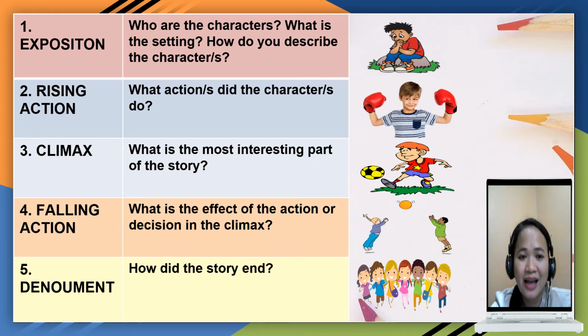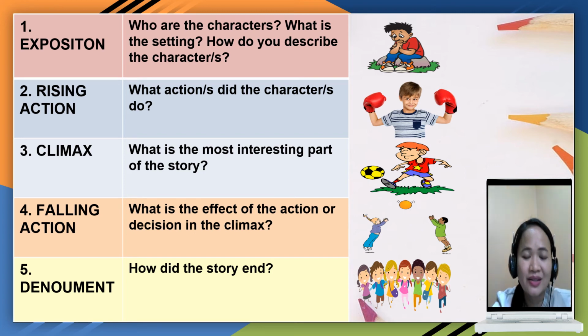In the rising action, it answers the question, what action or decision did the character or characters make? The boy wants to be healthy and happy at the same time.